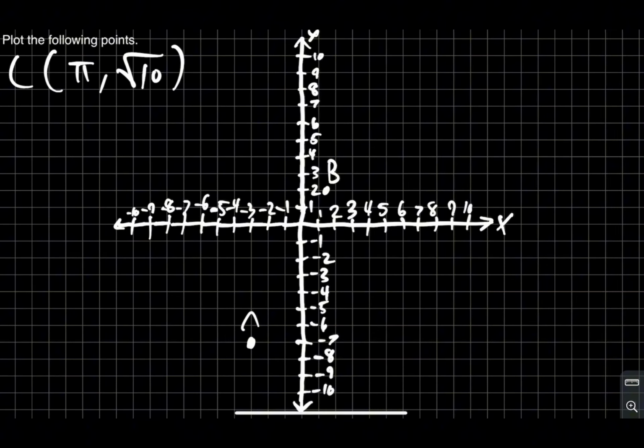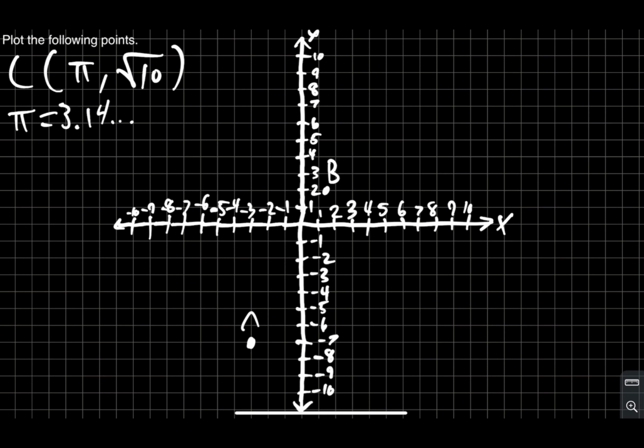Now for point C, this is a little tricky. Some of these numbers you might not know the full value for, but we can figure out where it's going to be in between. So pi is one of those values where it goes on forever. So the first 3 digits are 3.14 and so on.